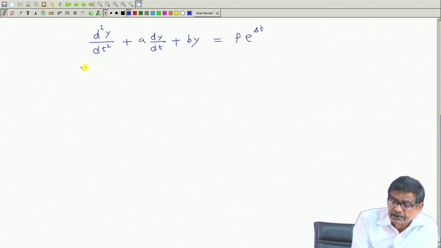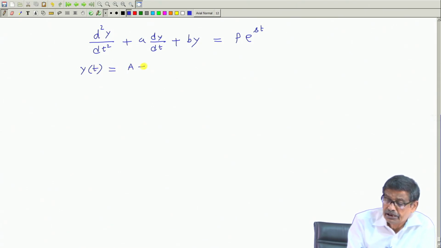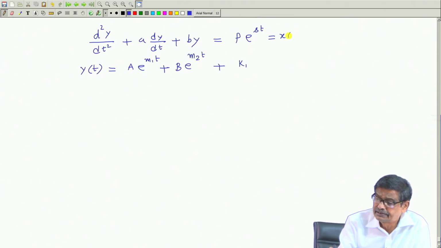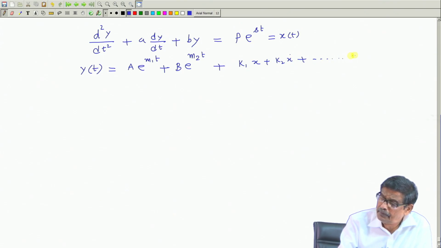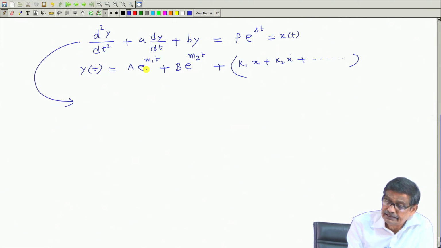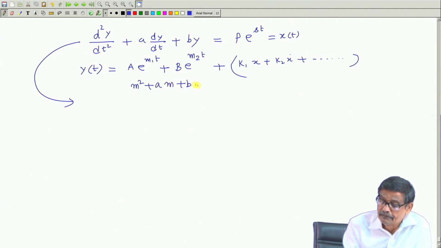What was the solution I was telling earlier? From our earlier work, the total solution will be a into e to the power m 1 t, that natural response, plus b into e to the power m 2 t, plus the part for the forcing function, which we found out from the last slide. m 1 and m 2 are the roots of this characteristic equation m square plus a m plus b equal to 0.